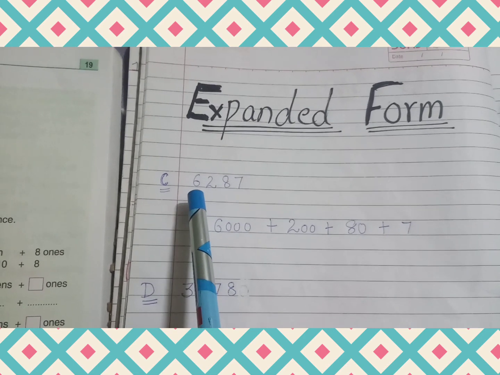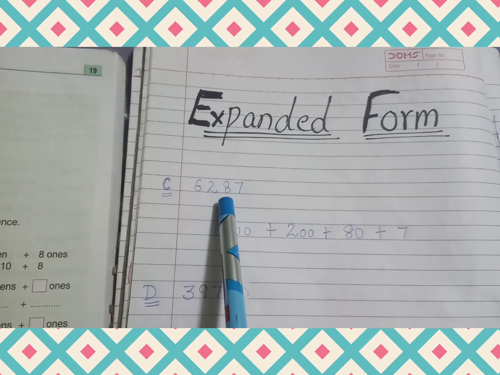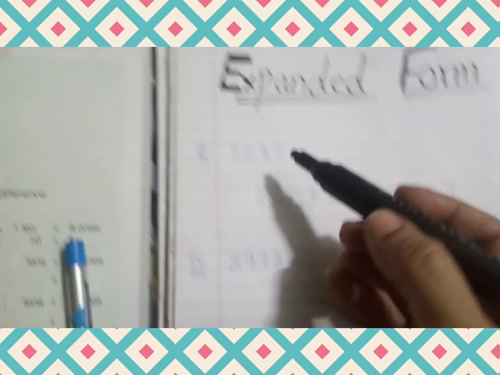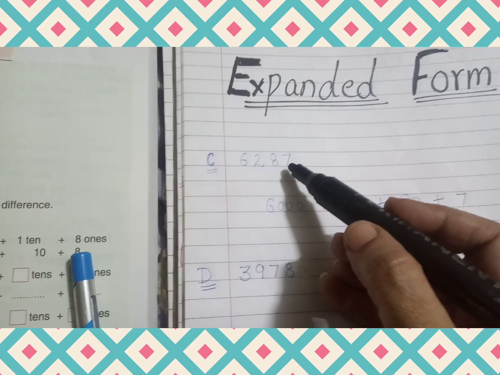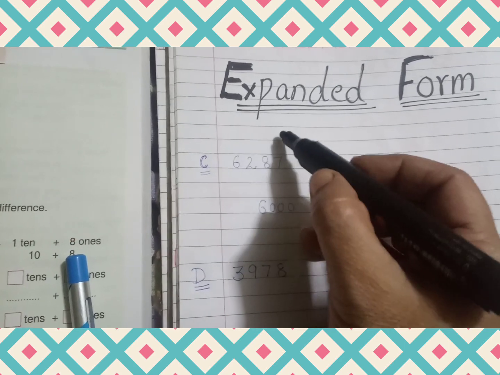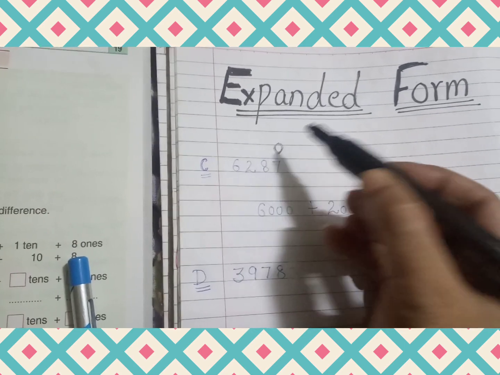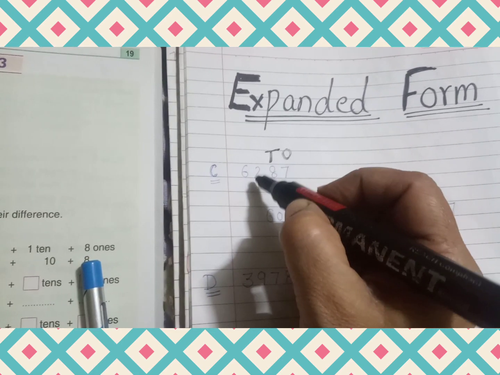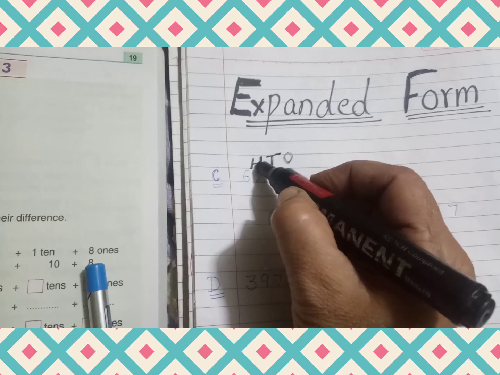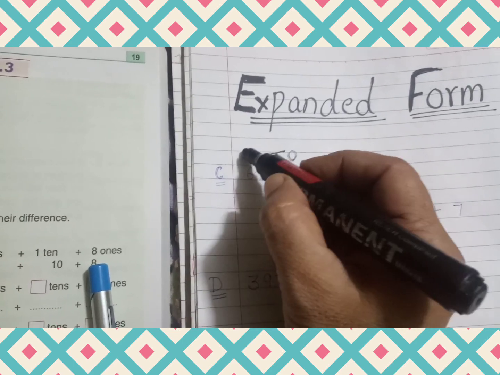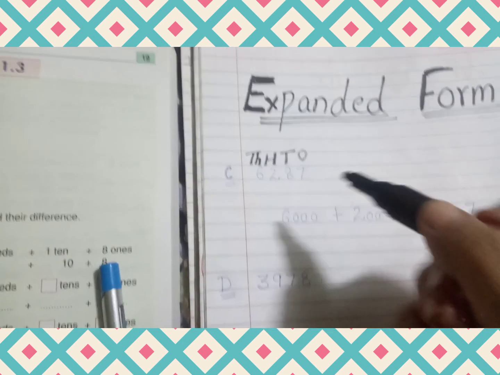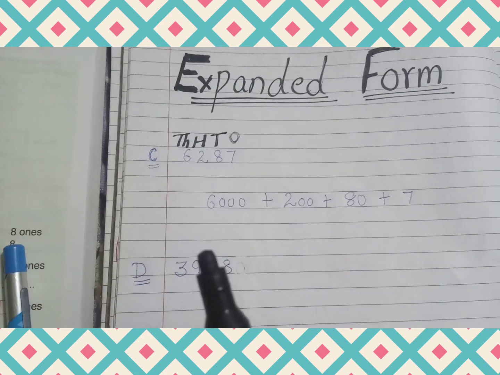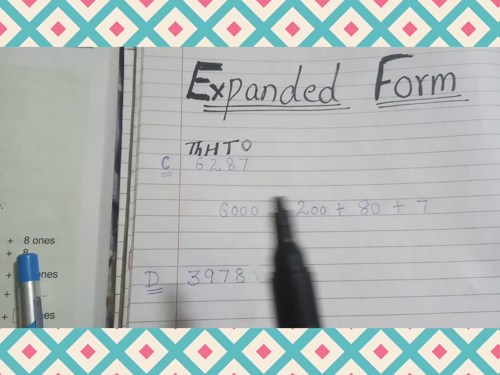Expanded form, 6287. We will write its place value. 7 is at the 1's place and 8 is at the 10's place. 2 is at the 100's place and 6 is at the 1000's place. Now we will spread them according to their place value.